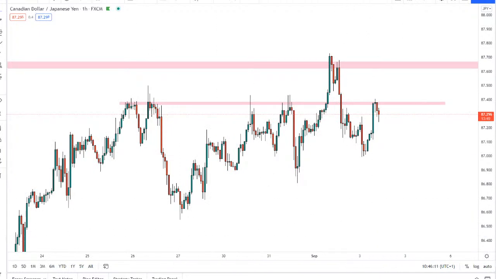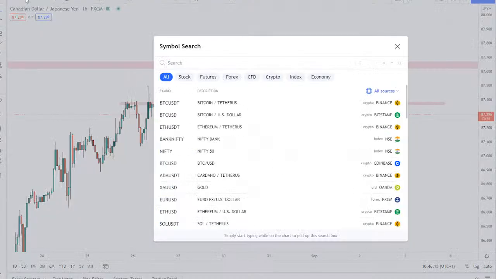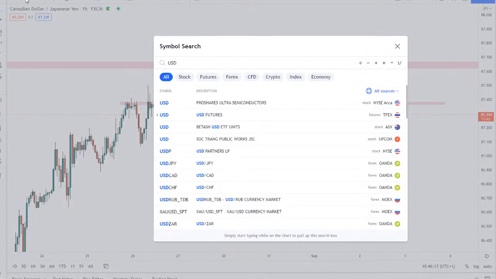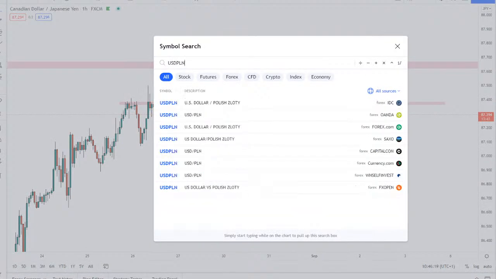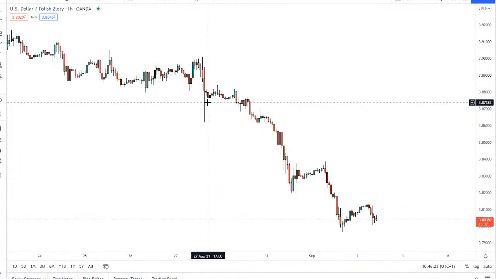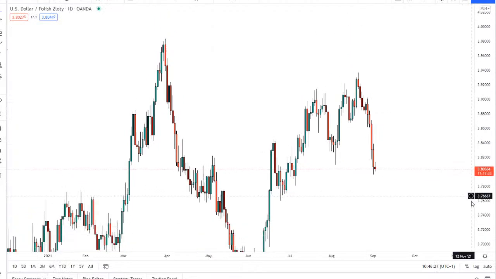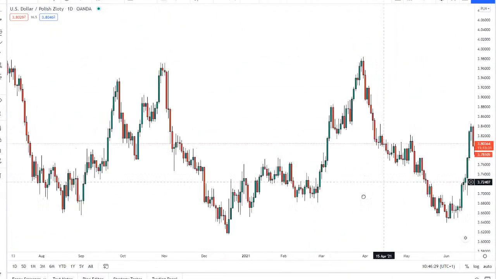Yeah, sure, I'll take a look at USD PLN. I haven't looked at this pair for quite a long time, so definitely need to zoom out and see what's going on.